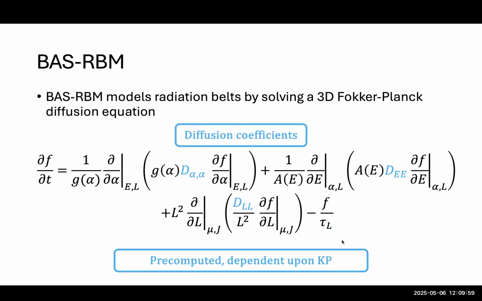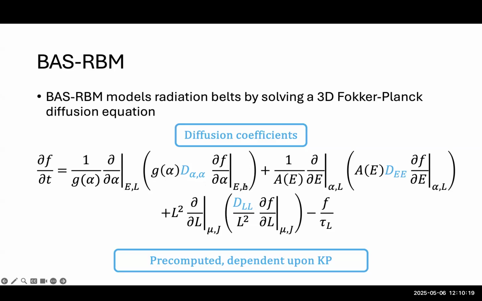And then another set of terms are these diffusion coefficients. So these are all pre-computed. The alpha and the energy ones are pre-computed using the PADI code.